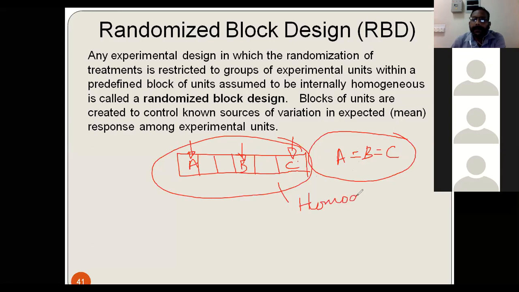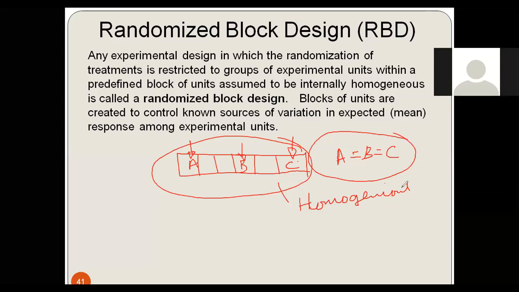Homogeneous. So if you have no difference between A, B, C as an example, then it is called homogeneous experimental units.